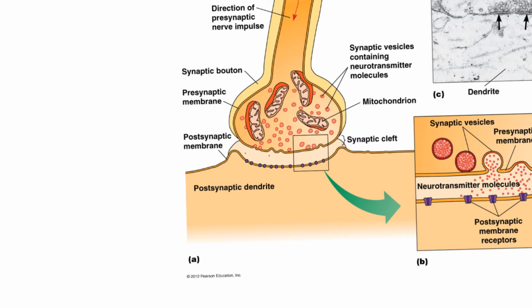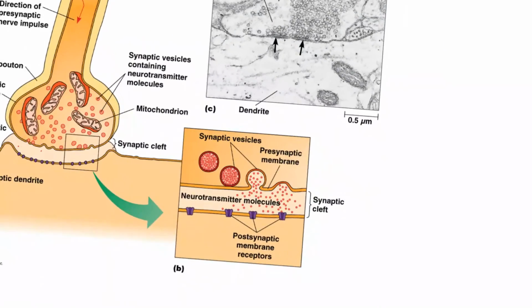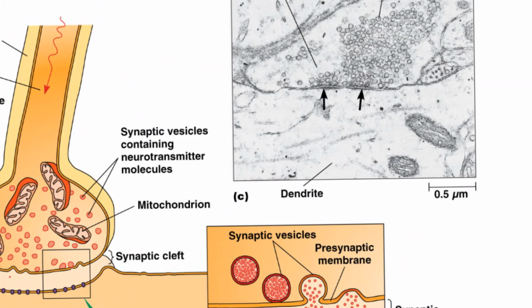You could maybe say, oh, there must be nothing in this gap. Well, lo and behold, there is no air in these junctions. It's actually filled with what's called interstitial fluid. So there'd be fluid here that the neurotransmitter gets dumped into, and it diffuses across a very microscopic distance.